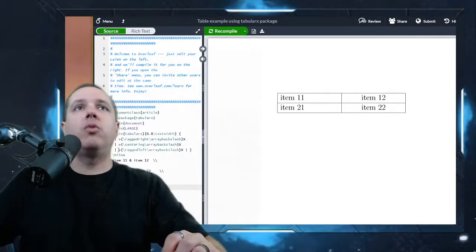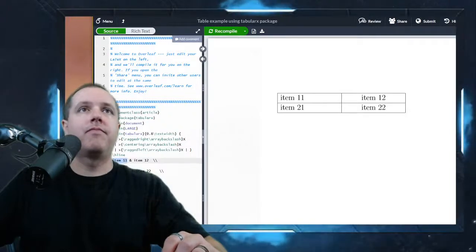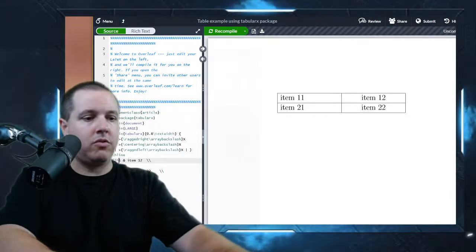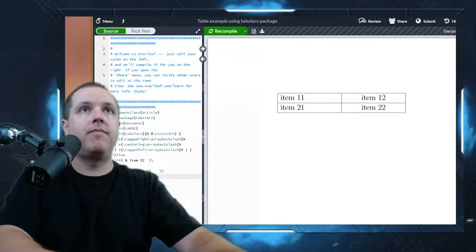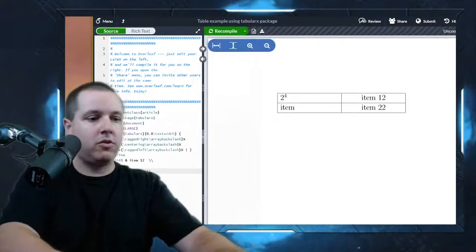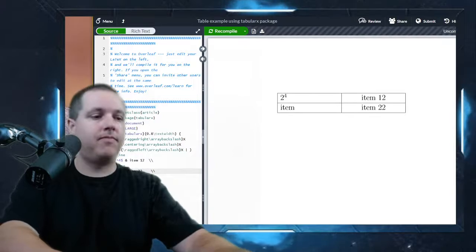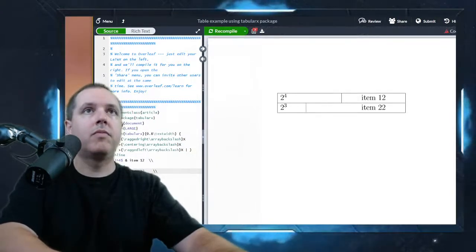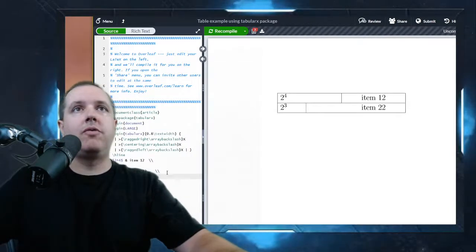Okay, so we're going to see a pattern here. We're going to have like two to the fourth, and then 2 cubed. And then we're going to have a few of these lines.